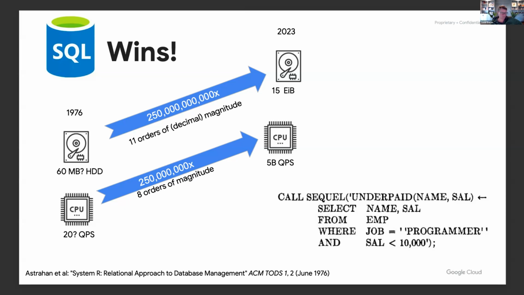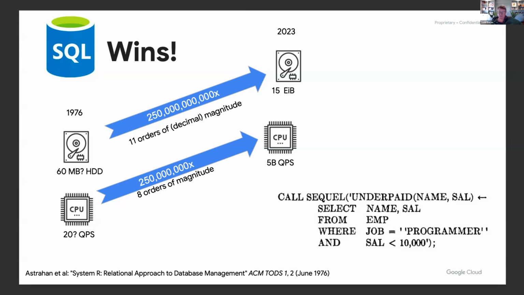I talked to some of the people who worked on the original System R system, and at a guess, we're talking about maybe 60 megabytes of data running at something in the order of 20 queries per second, and so that's a 250 million increase in QPS and a 250 billion increase in storage. I don't think there's any other abstraction in computer science that's scaled like that.